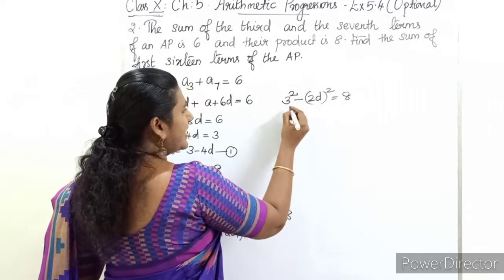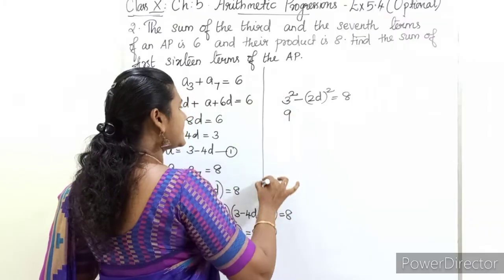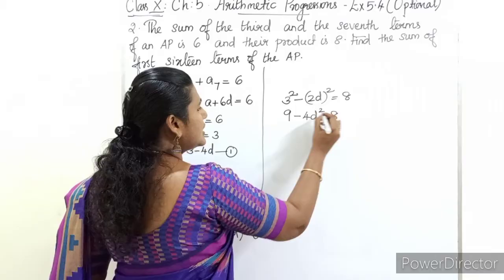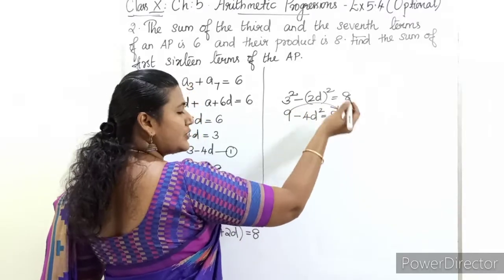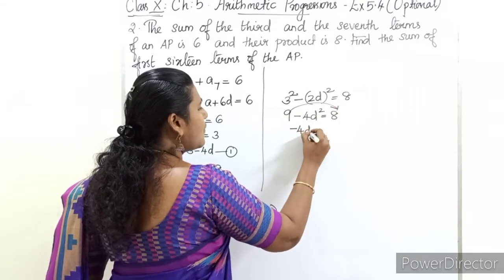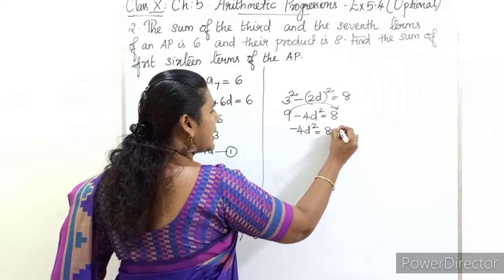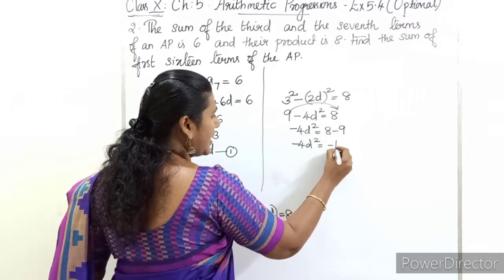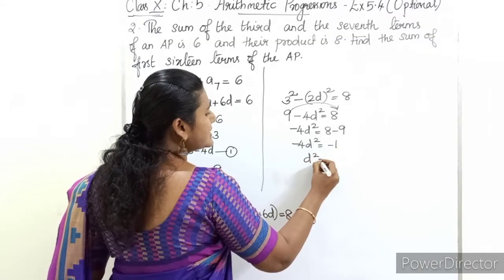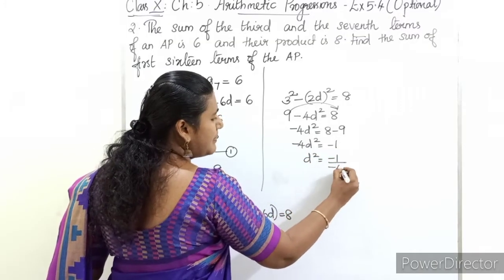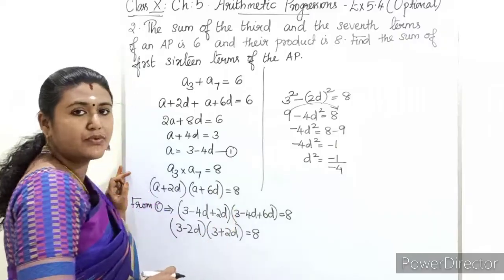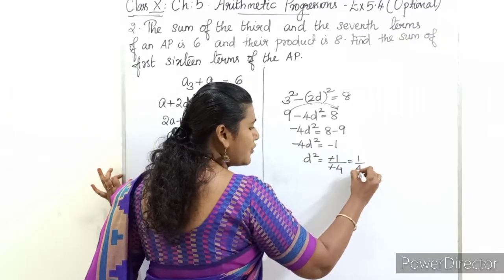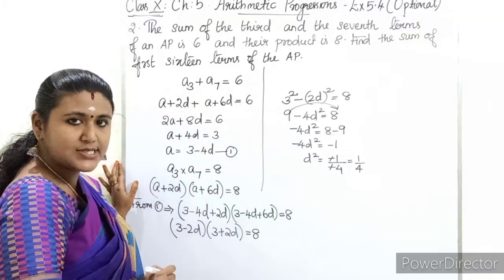Now we will simplify this. So 9 minus 4D square is equal to 8. So this 9 we will take to the right side. So minus 4D square equal to 8 minus 9. So minus 4D square is equal to minus 1. So D square is equal to minus 1 by minus 4. We will take this minus 4 to the right side. So if you cancel, you will get 1 by 4. So this is the value of D square.